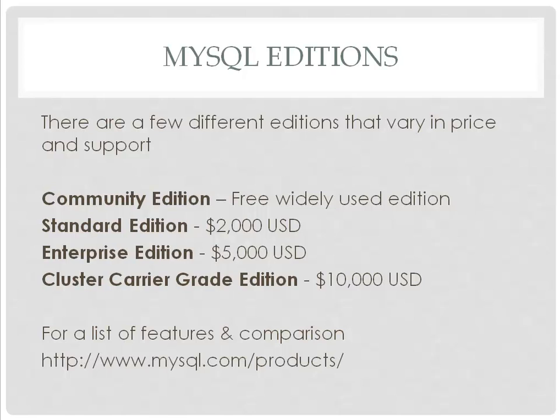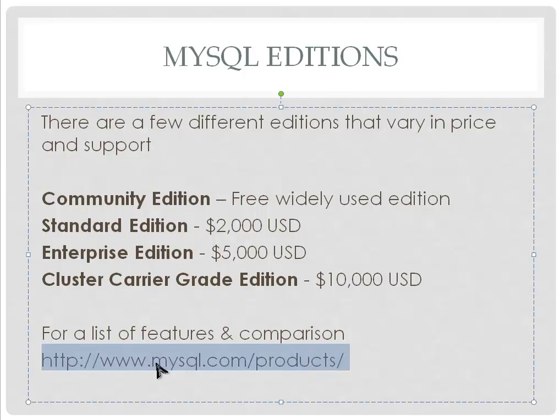These are for huge website applications and networks. I'm not really going to go into the specifics for these, but the price is determined by the software and support that's given, things like that. And for a full list of features, you can go to mysql.com/products, and you can check out the different editions.